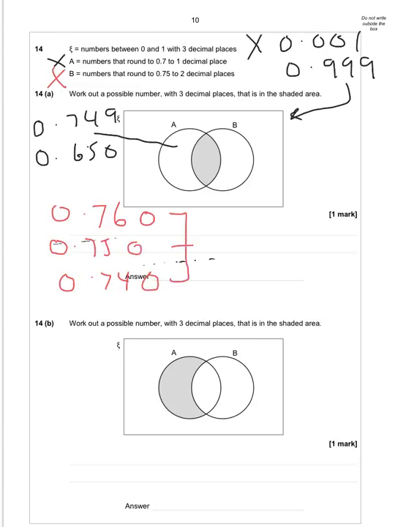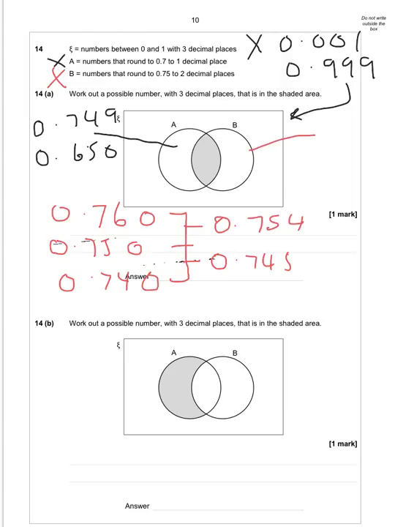I look at the intermediate values and I say the number that is halfway between 0.740 and 0.750 is going to be 0.745. Similarly, between 0.750 and 0.760, I can say that's going to be 0.754.